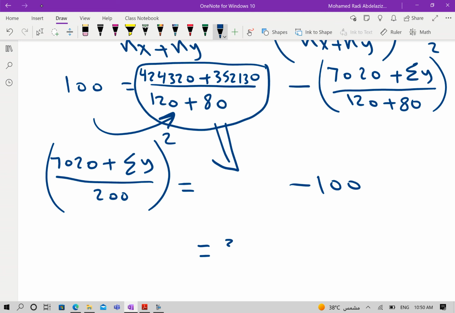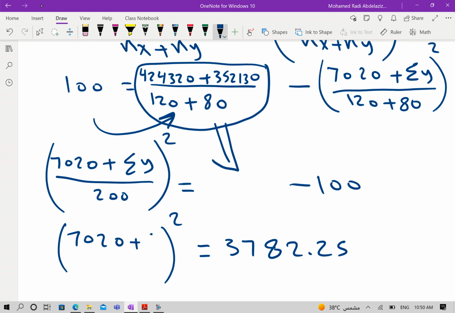Again? 378.2.25. Exact, right? Exact. This is 7020 plus summation of y divided by 200, squared.